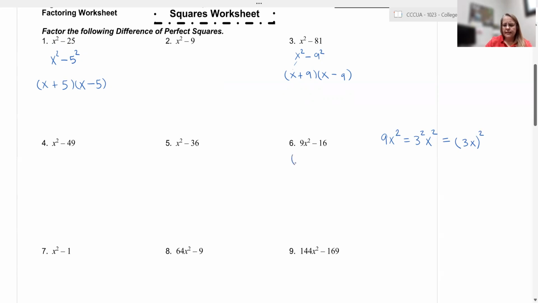When I write this as something squared minus something squared, I can jump down to my two sets of parentheses, with my plus and my minus, and take one of my somethings and put it here, and the other down here. And then my 4s, I take one of them, put it here, and take the other and put it down here.